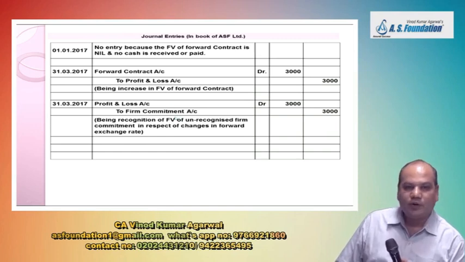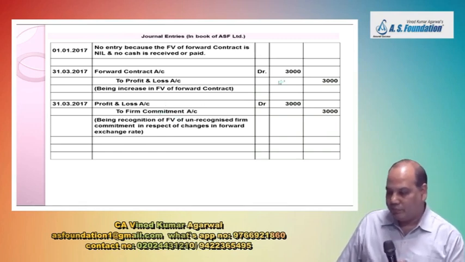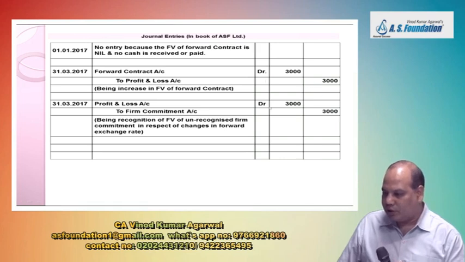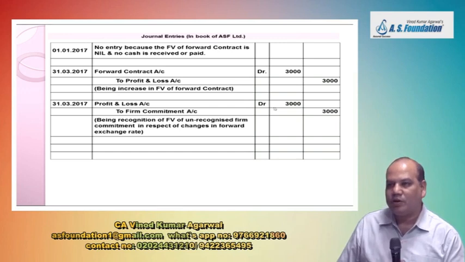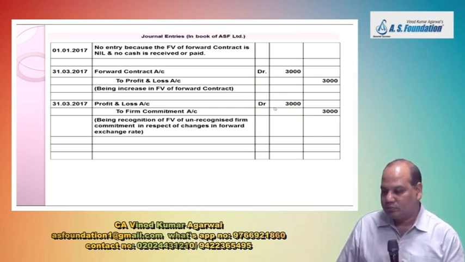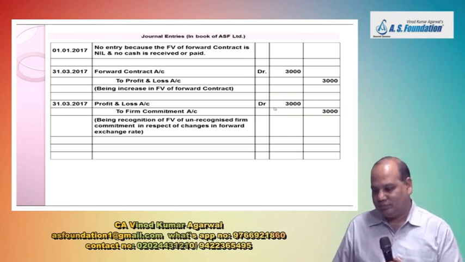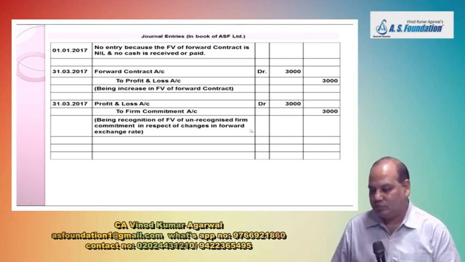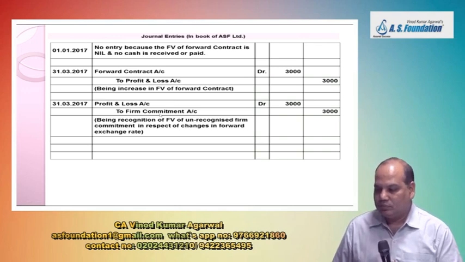P&L account debit to firm commitment account. So the effect of these two entries is zero effect in P&L account. Being recognition of fair value of unrecognized firm commitment in respect of change in forward exchange rates.